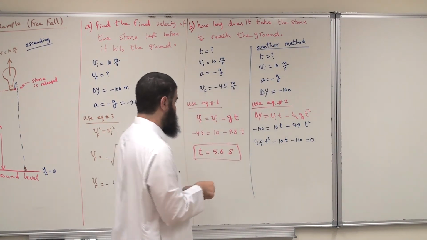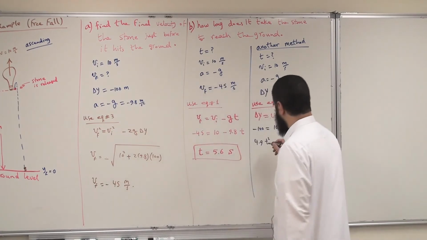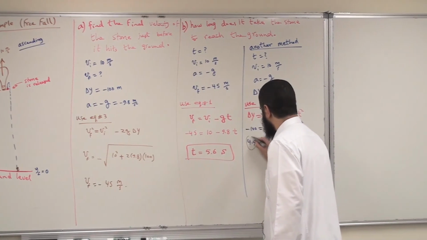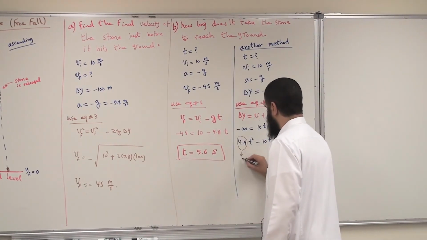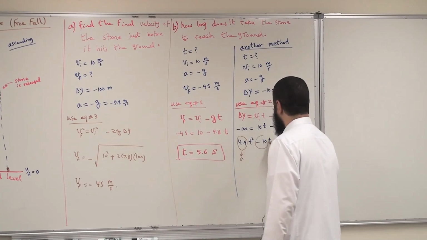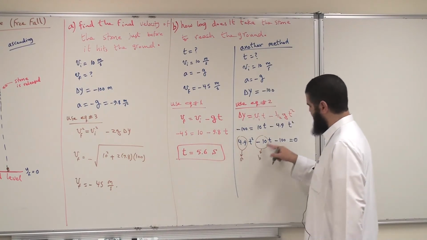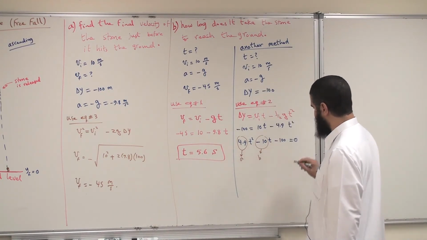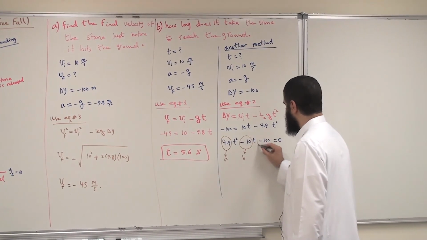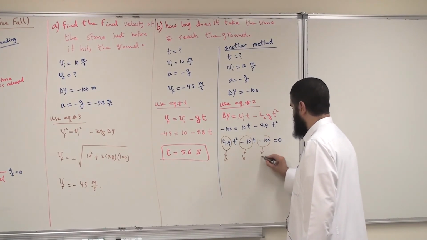And you have to use the discriminant. This is a, this will be b. The coefficient of t squared is a, the coefficient of t is b, and the constant is what we call c.